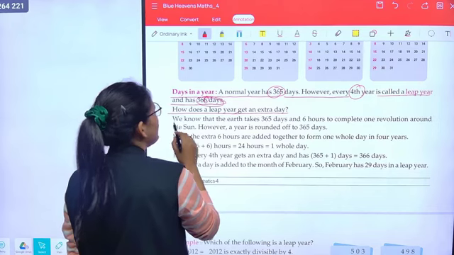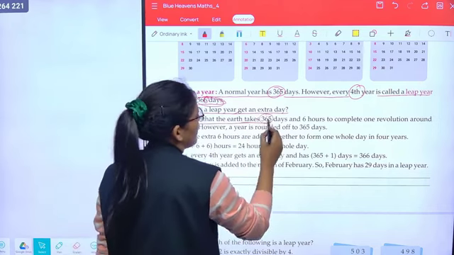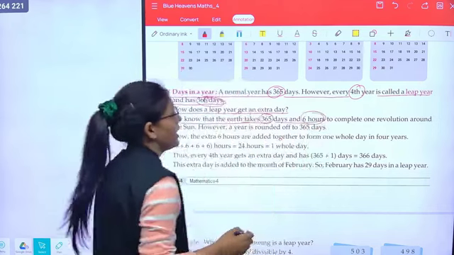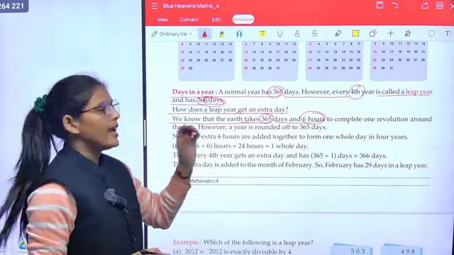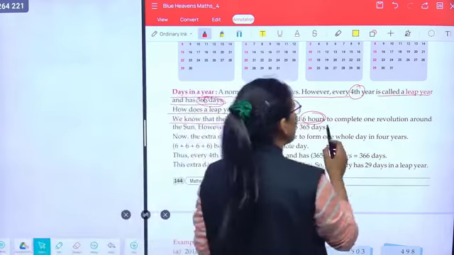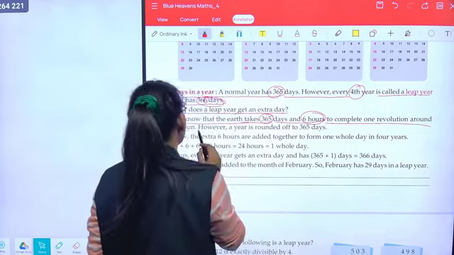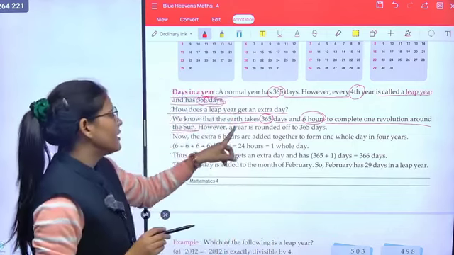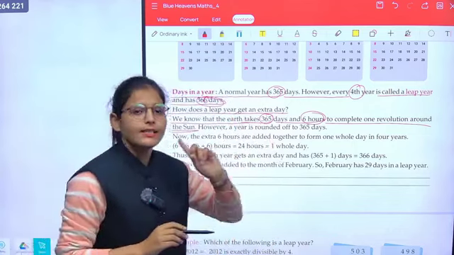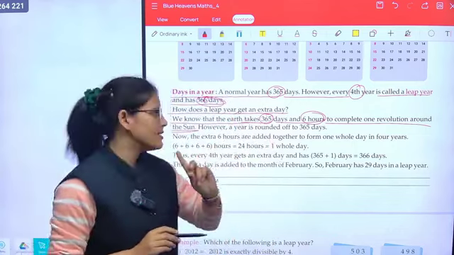See class, we know that Earth takes 365 days and 6 hours to complete one revolution around the sun. How much time does it take? 365 days and 6 hours. However, a year is rounded off to 365 days.